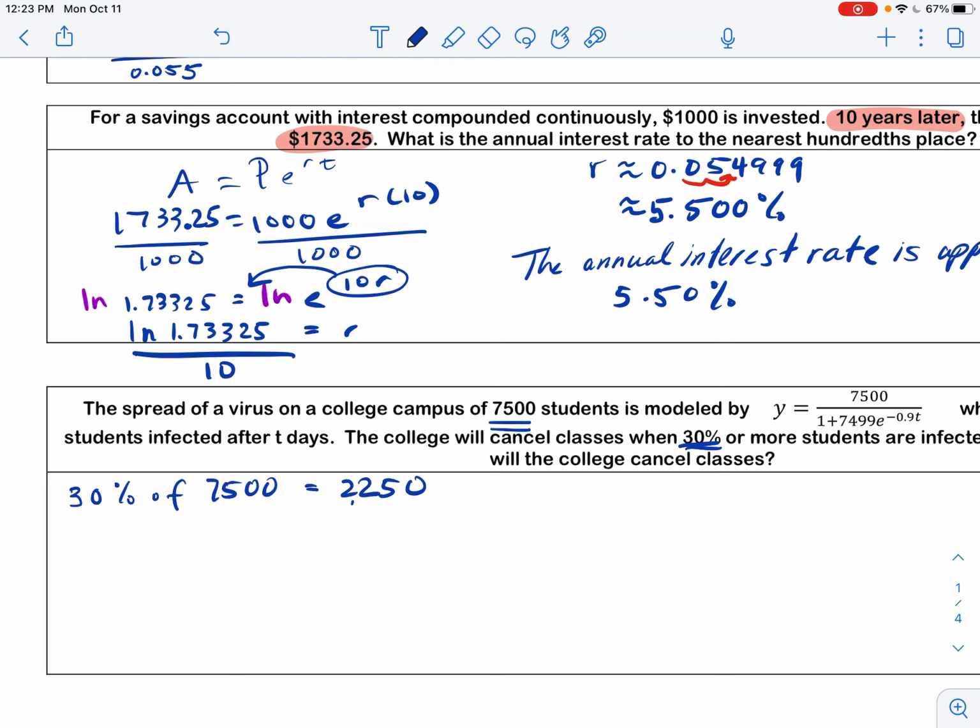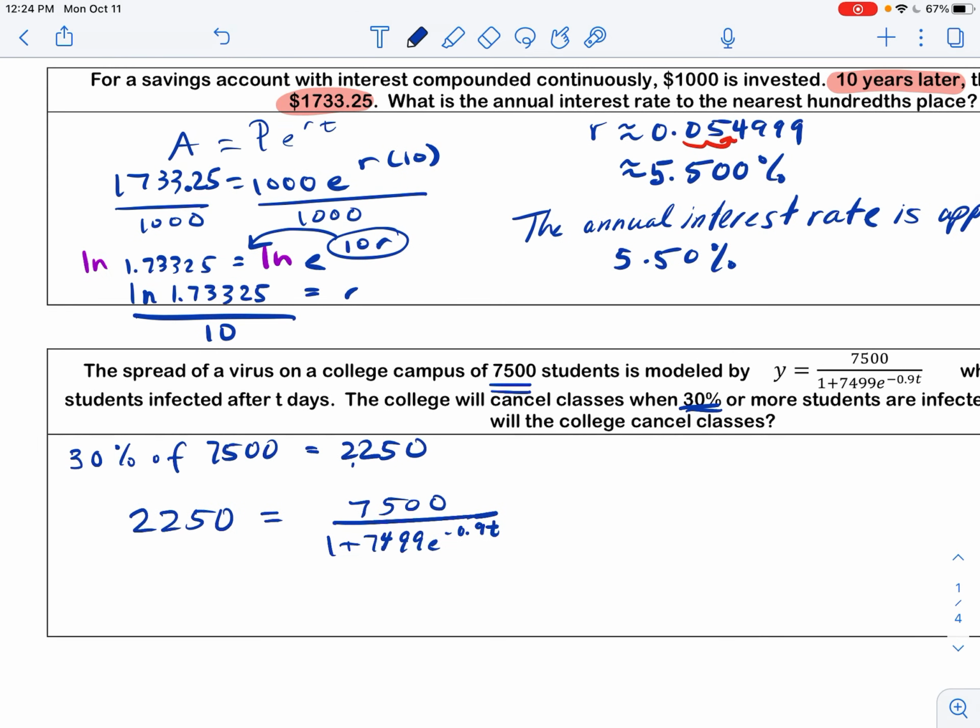So in other words, the college isn't going to cancel classes until 2,250 students are infected. So that's the number that we are setting in place for y. And we've got another exponential equation that we need to solve.